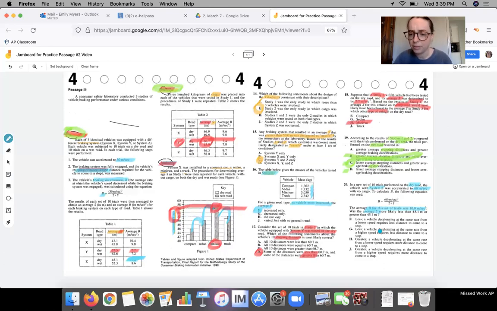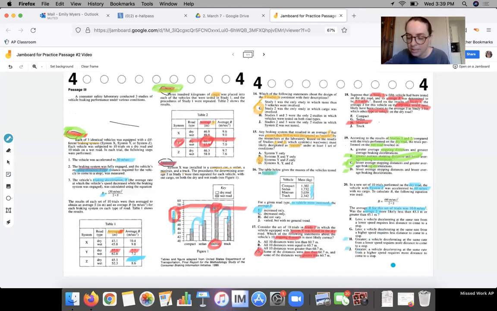If the rate that I'm going slower is staying the same, but I was going twice as fast, do you think the distance that it would take me to slow down would be more or less? If I'm going faster and I'm slowing down the same amount, then I'm probably going to take longer to brake, right? So average S should be longer. So it's either going to be H or J.